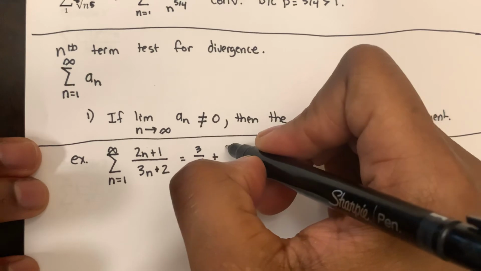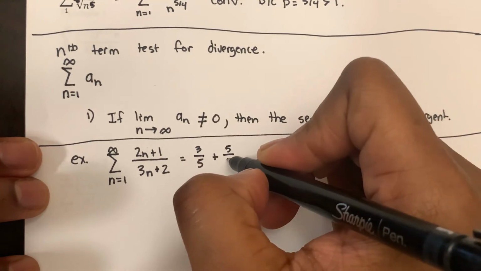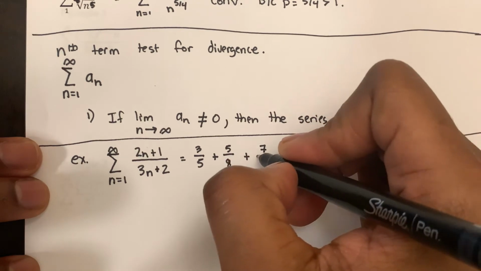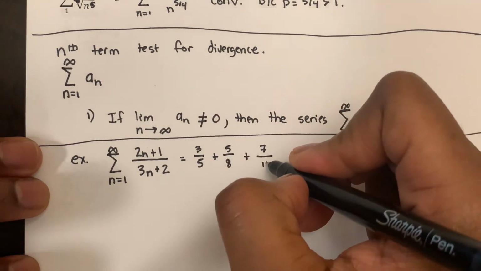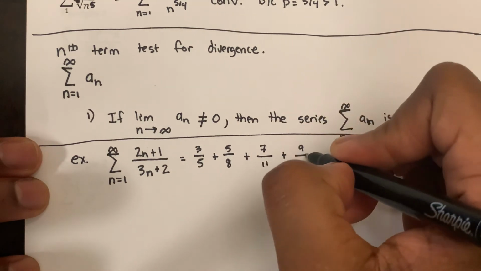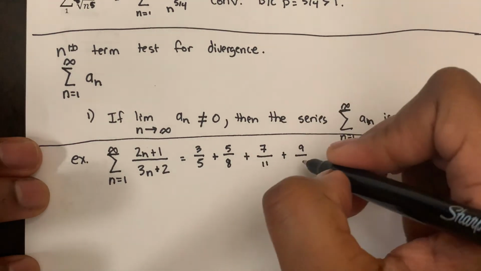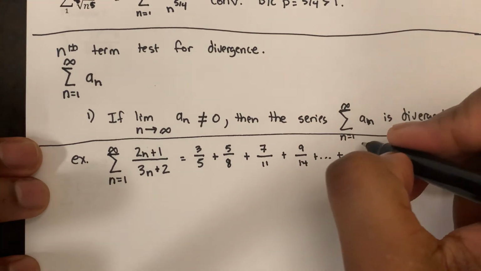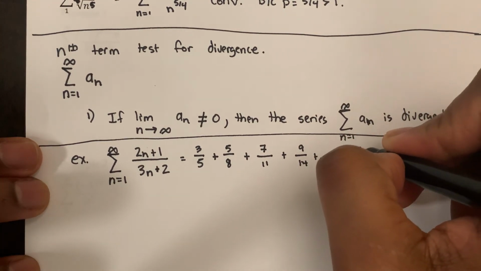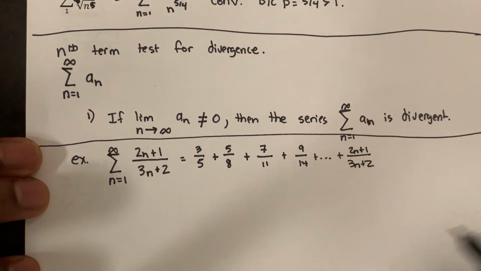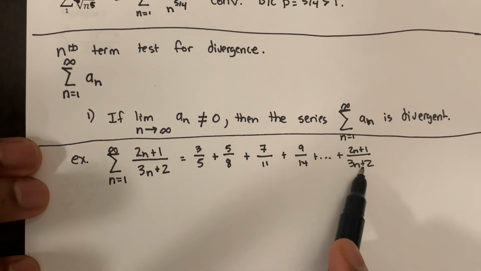When n is 2, we have 5 over 8. When n is 3, we have 7 over 11. When n is 4, we have 9 over 14, plus, and all the way out, when n keeps getting larger, we have 2n plus 1 over 3n plus 2.